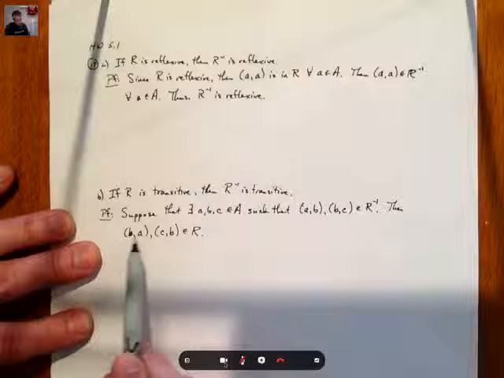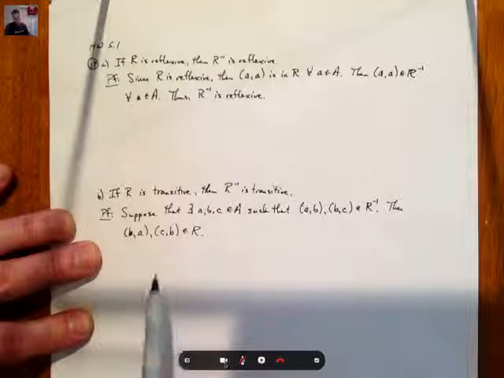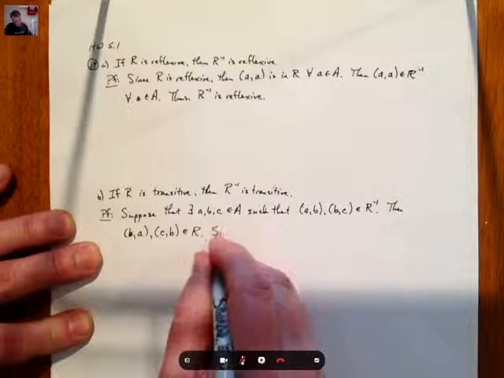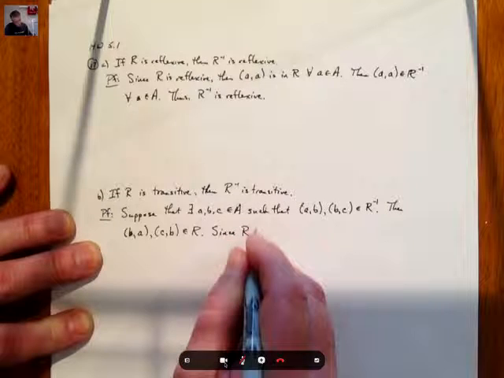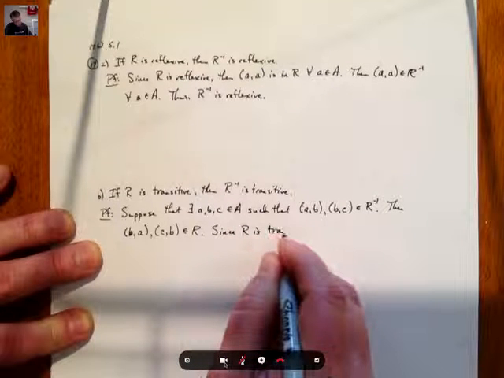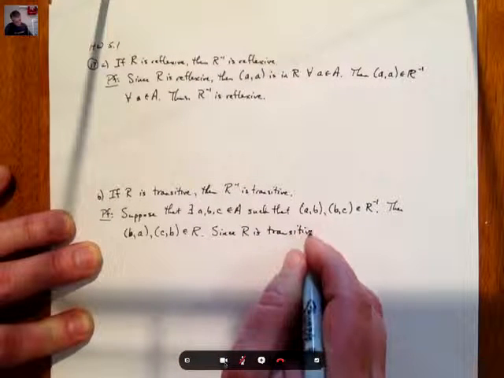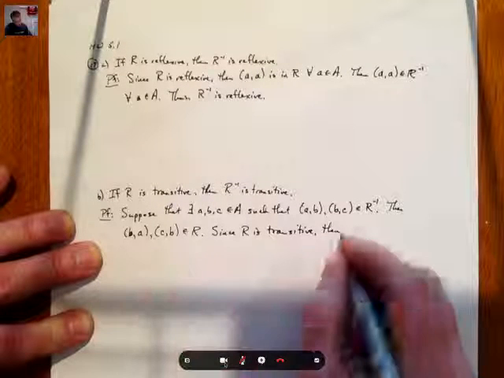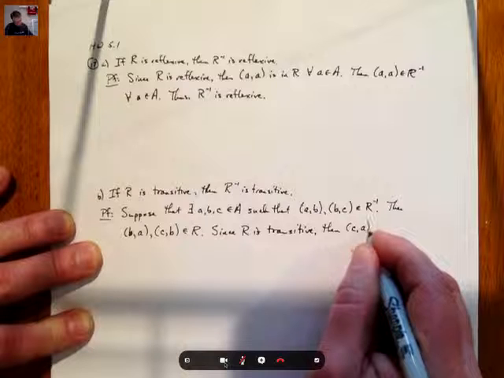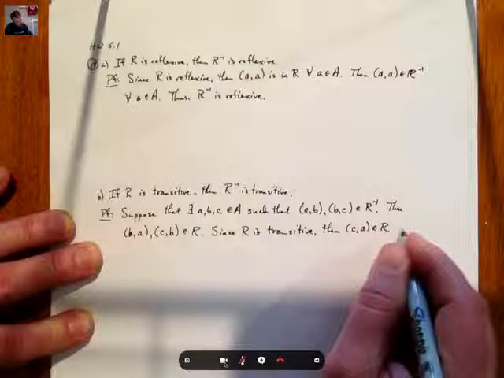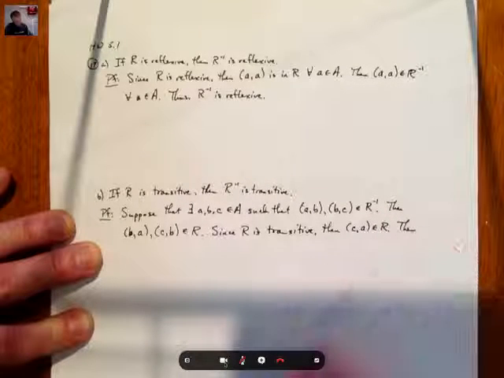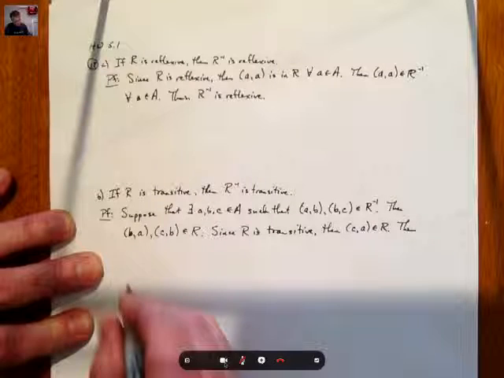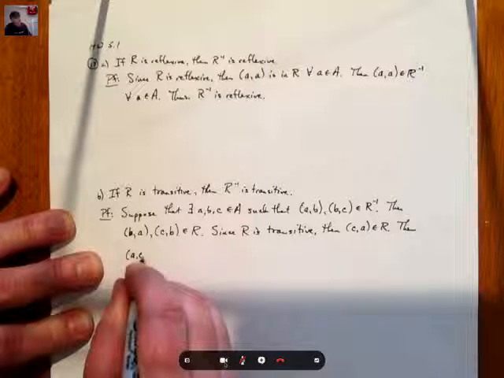But if c goes to b and b goes to a, then c must go to a because R is transitive. Since R is transitive, then (c, a) is in R. And that means that (a, c) is in R inverse.